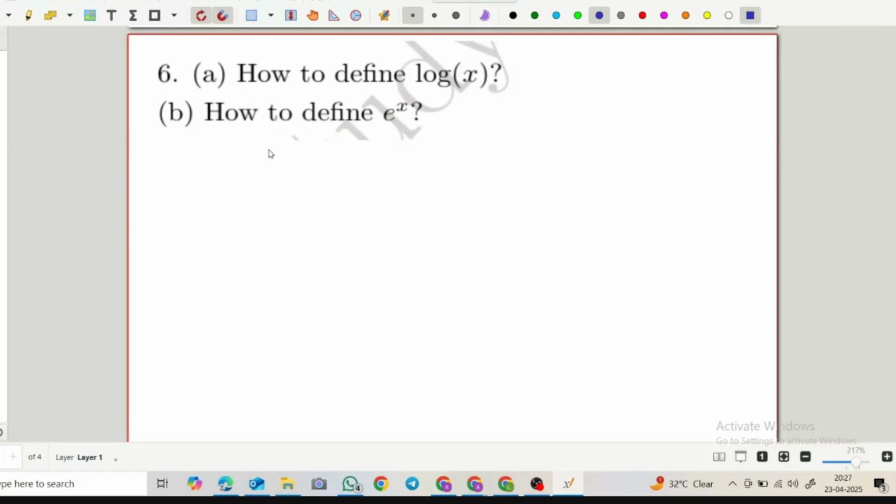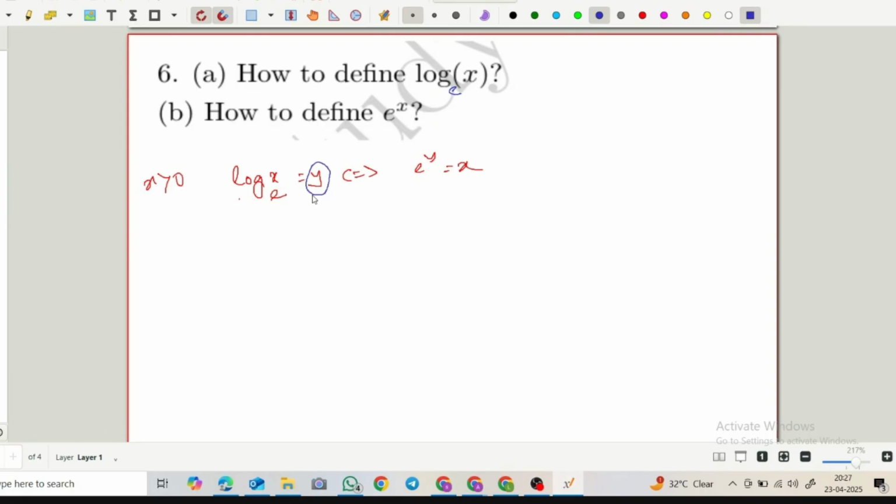So we all know that, here we are taking the basic definition. How do we define log x? We all know that log x base e equals y if and only if e to the power y is x, right? So what guarantees us about this existence of y?